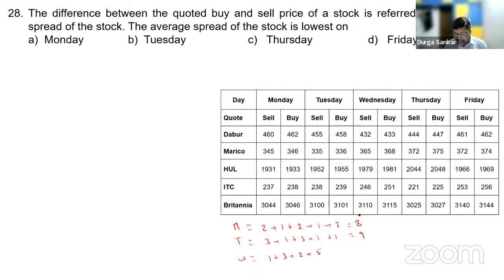I want the lowest. The lowest I have as of now is 8. Thursday, 3 plus 3 plus 4 plus 4. Done. I'm leaving it. It's more than 8. Friday, it's 1 plus 2 plus 3 plus 3. Done. Leave it. So Monday is the answer. Definitely a type A question.